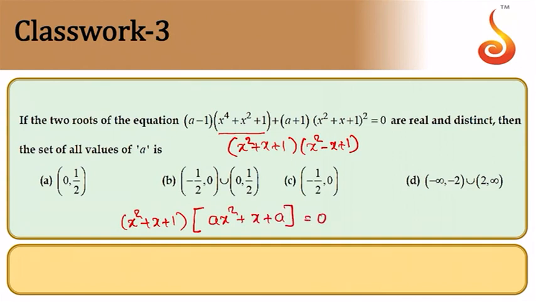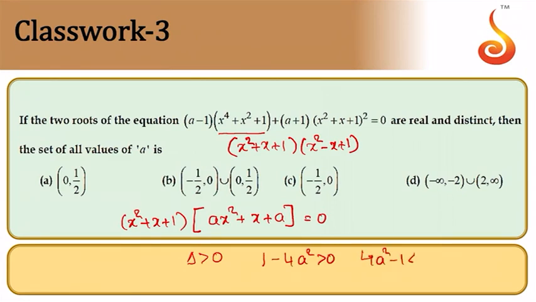If you simplify it, taking x square plus x plus 1 common, whatever is left over, you will get ax square plus x plus a equal to 0.